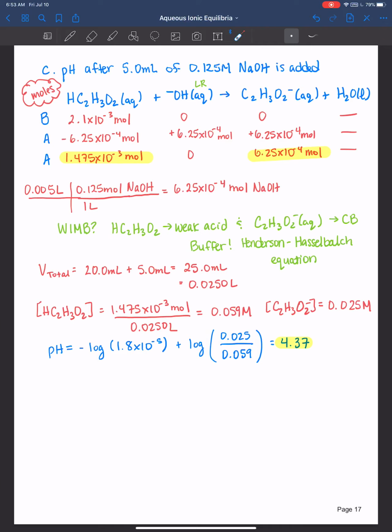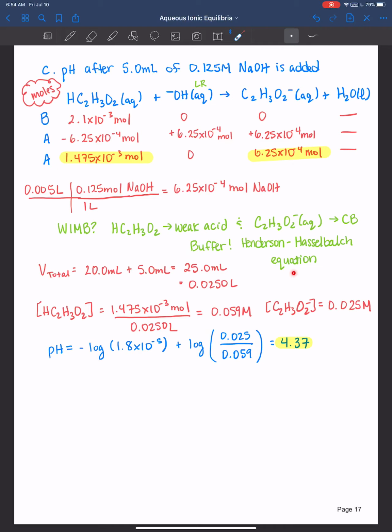Okay, so just to review over here, we added 5 milliliters of a strong base. After our BCA table, we realized we have both the weak acid and its conjugate base, so this is essentially a buffer in our beaker at this point in the titration. Because X is small enough to ignore, we can use the Henderson-Hasselbalch equation.